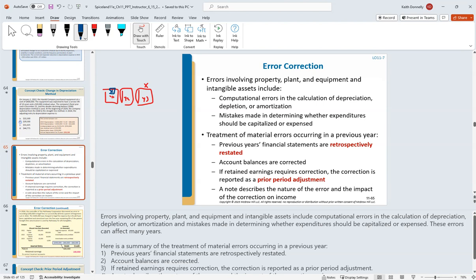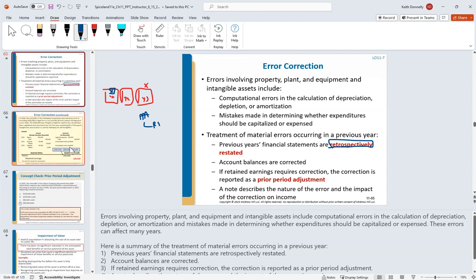How do we deal with this? Well, the general rule here is it's going to be retrospective. In other words, we're going to have to go back and look at those financial statements and look at the effects from those, and then in the current period, have a prior period adjustment to retained earnings to account for those effects.